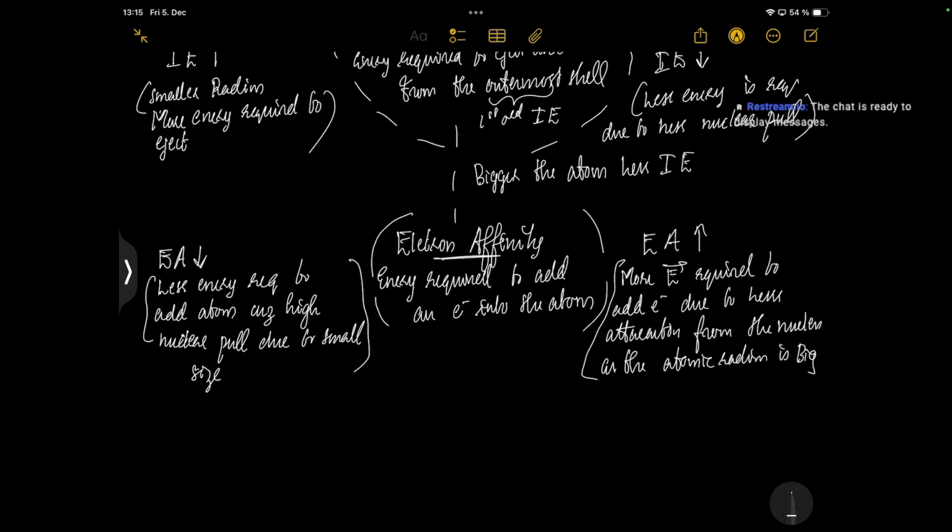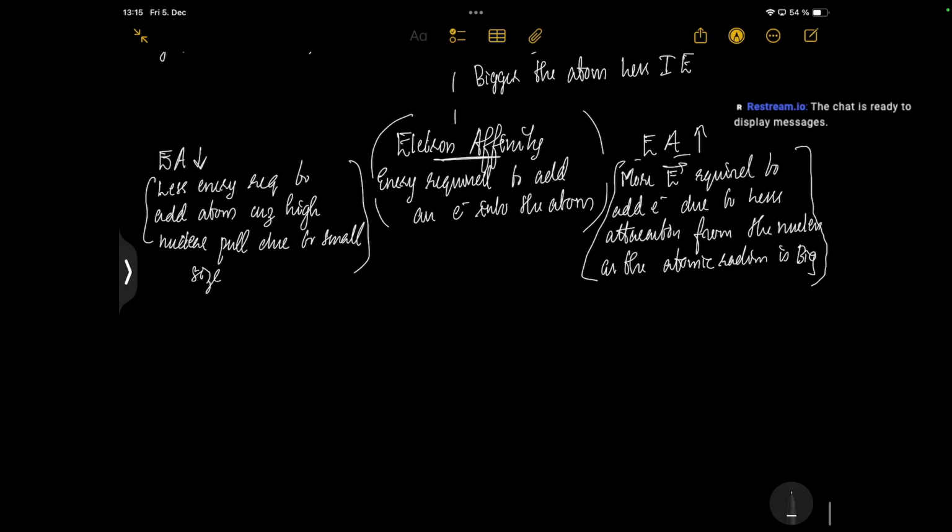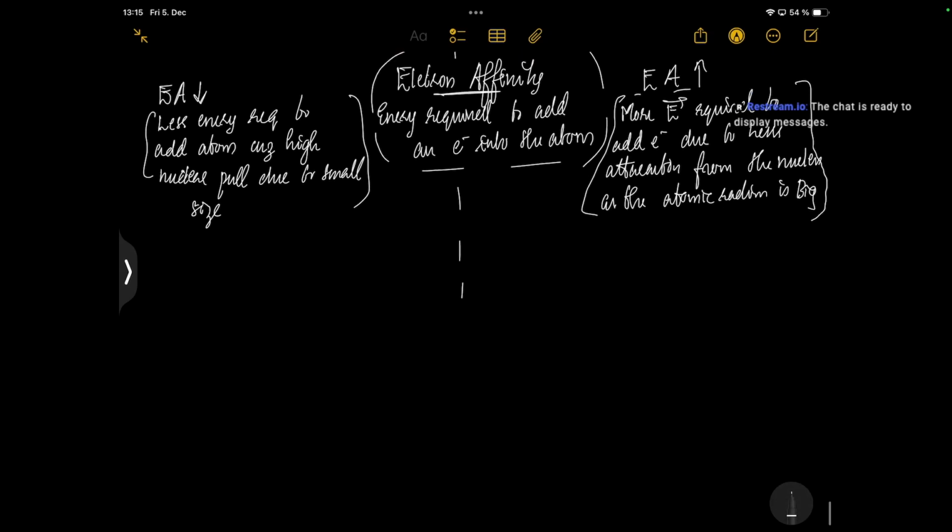The shielding effect, all these are what contribute to the higher electron affinity. Now, what was it? Electron affinity. What's next?